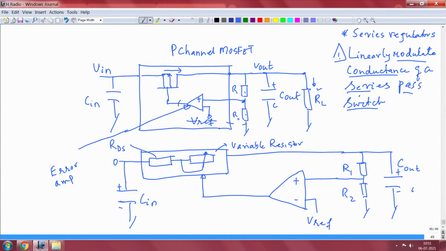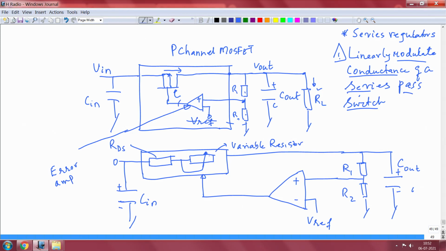And how to visualize that? Second picture. Now I have replaced the MOSFET with two resistors. The RDS on, the resistance between drain and source, is one part. The other part is what you are changing with the gate voltage, that is like a variable resistor.